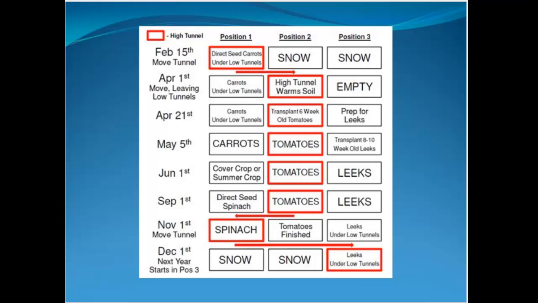These next two examples are from Four Seasons, which is one of the companies that manufactures movable high tunnels. Here we have a variety of different crops, and it shows where your crop would be positioned at different times of the year, what would be sitting fallow, and what kinds of crops you would be rotating in and out of as you move that tunnel throughout the season.